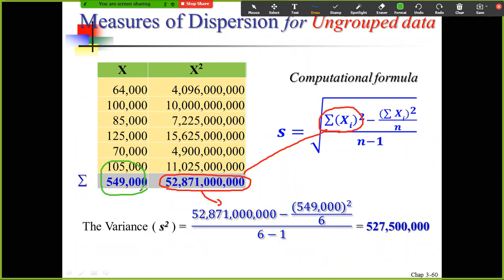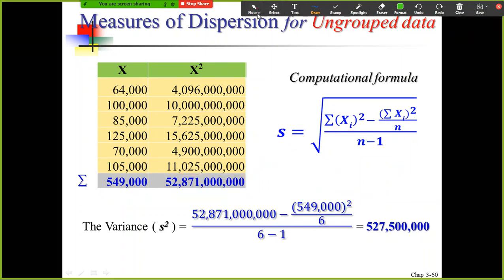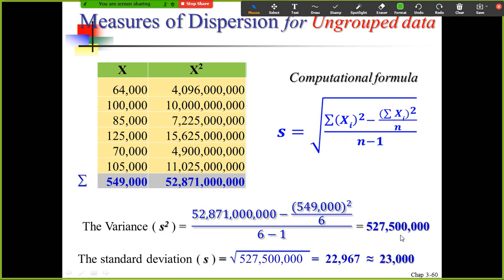This is the summation of x and then take the square, divided by n, and divided by n minus 1. This is the variance and this is the standard deviation. You can see they provide the same result from a different formula.